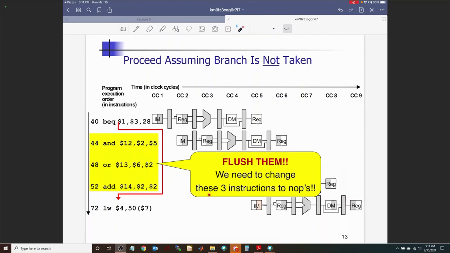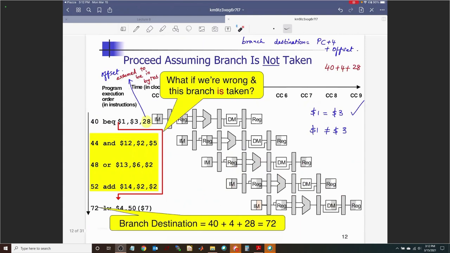Make those 3 instructions NOPs. So go back and make all the control signals for those 3 instructions as zeros, so as to effectively not work on them. And I only need to worry about 3 of them, because you see this, when this guy is making the decision, one instruction is here, the other instruction is here, the other instruction is here. I only need to worry about 3 of them.